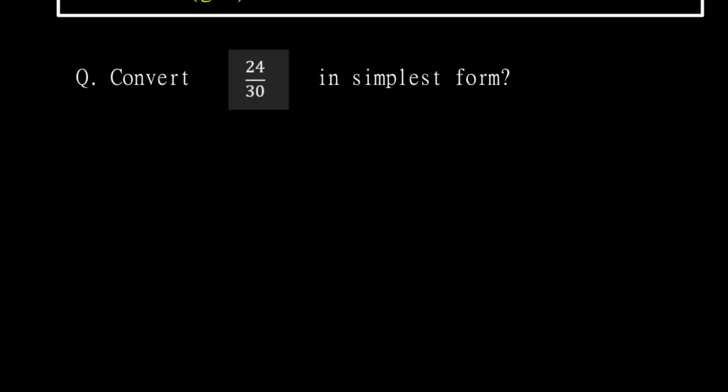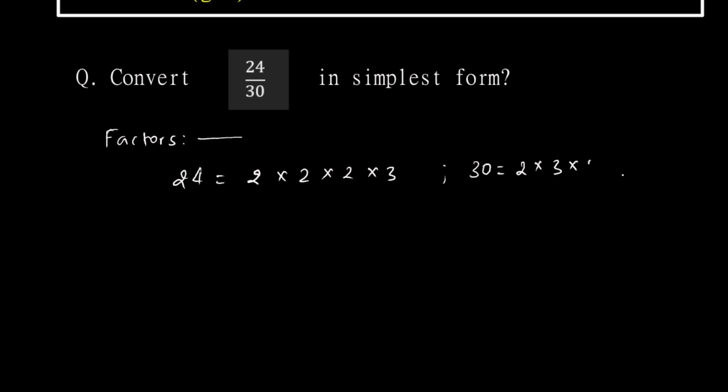In order to convert 24 over 30 into its simplest form, we first factor out its numerator and denominator. So let's factor out 24, which is 2 times 2 times 2 times 3. And now 30, which is 2 times 3 times 5.